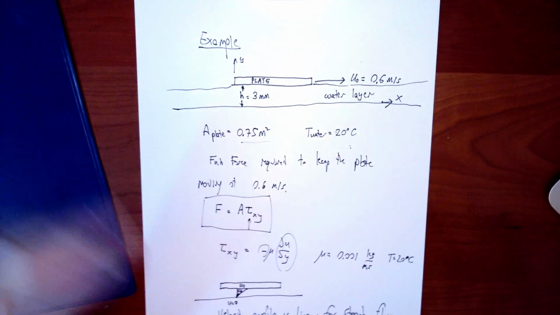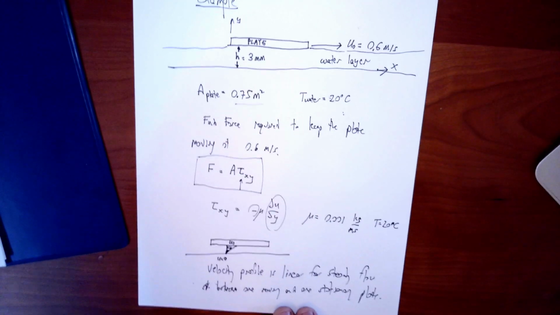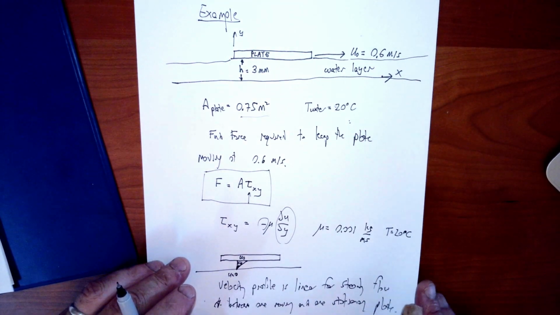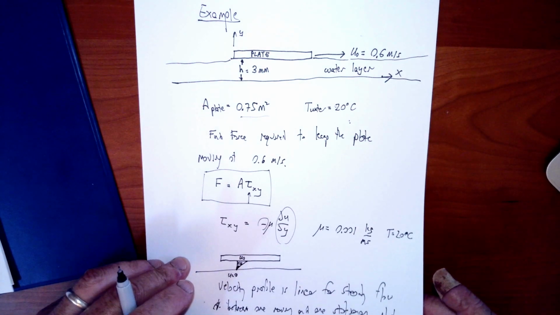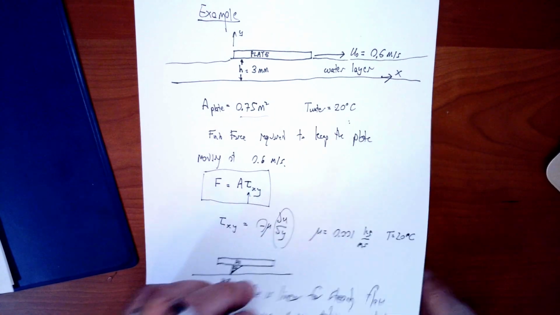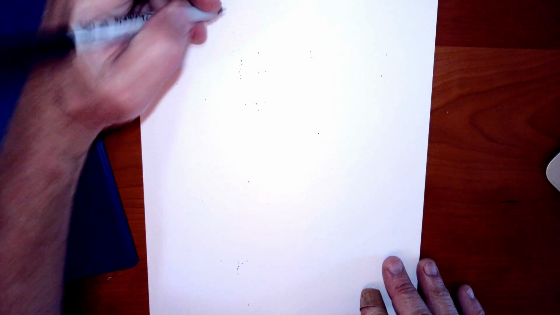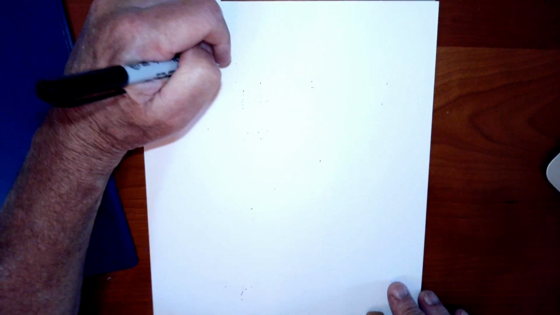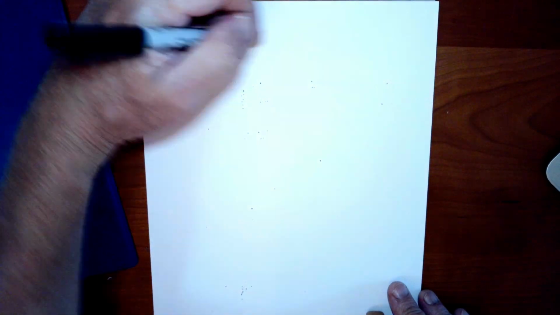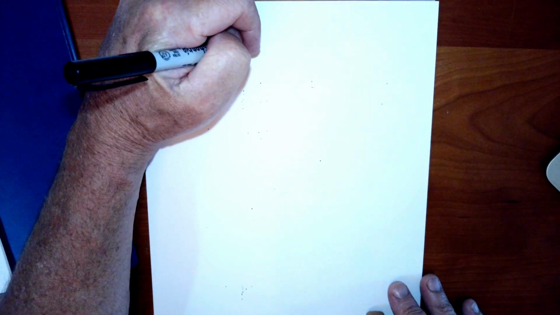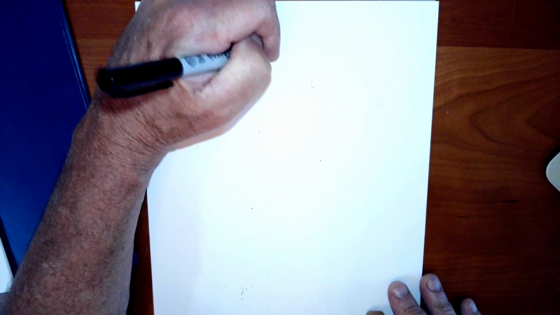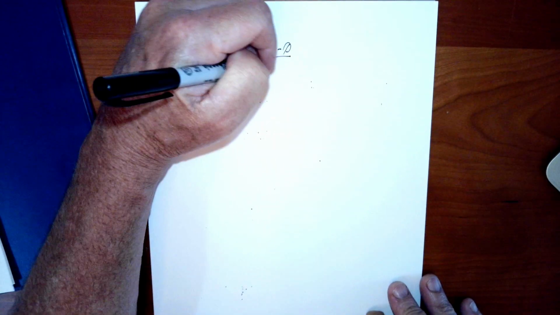Right, so that's what we've got. We've got a linear velocity profile, and we've got one plate moving, one plate stationary. Top plate's moving at u0, 0.6 meters per second. Bottom plate sitting still. So that allows us to calculate du/dy. So du/dy is easy. Because it's a linear profile, du/dy is equal to u of the plate minus 0 divided by the gap thickness.